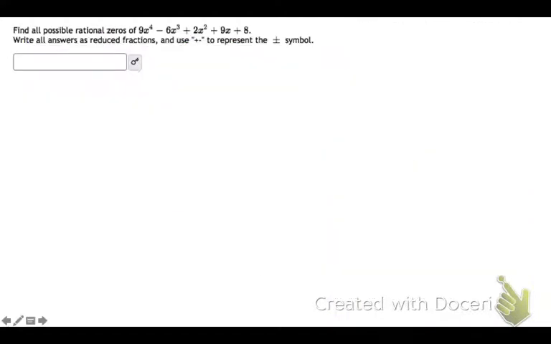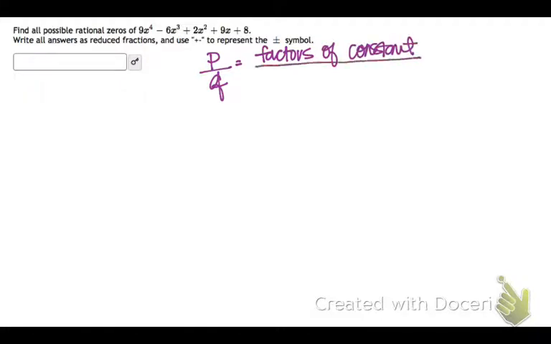So let's find all the possible rational zeros here. This is the P over Q stuff, where P is going to be the factors of the constant, and Q is going to be factors of the leading coefficient.